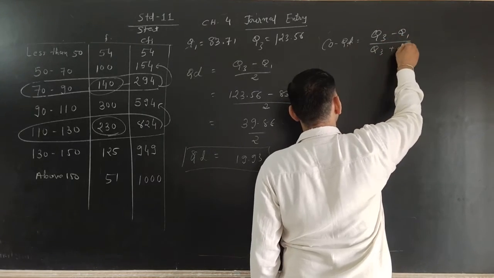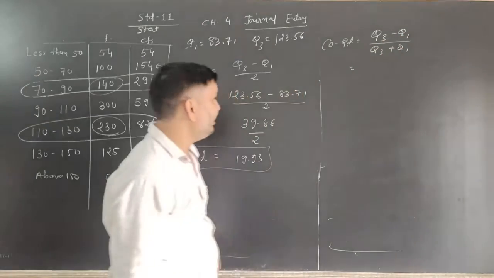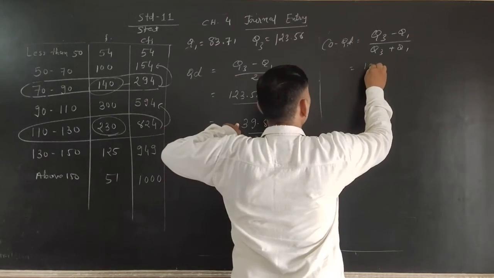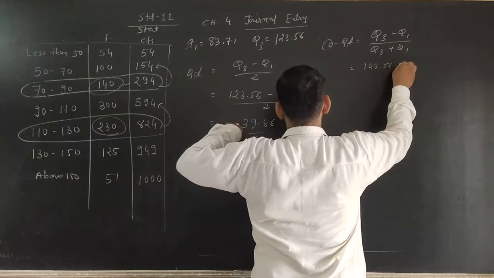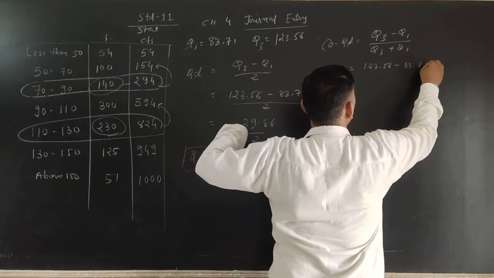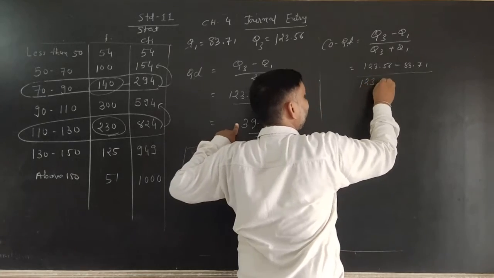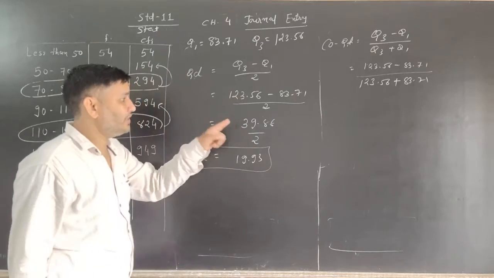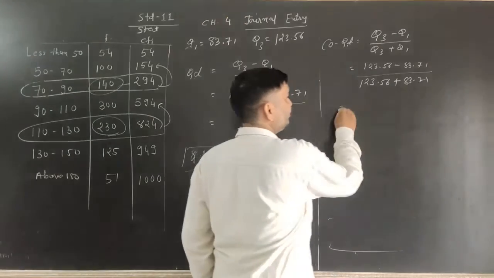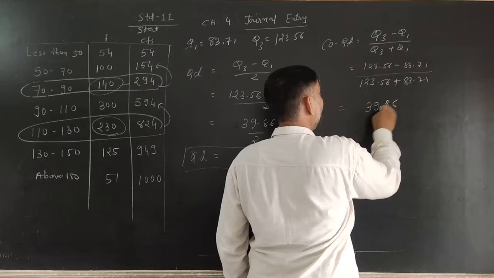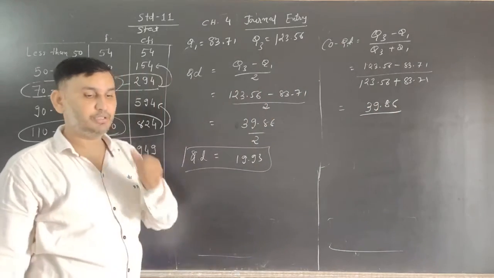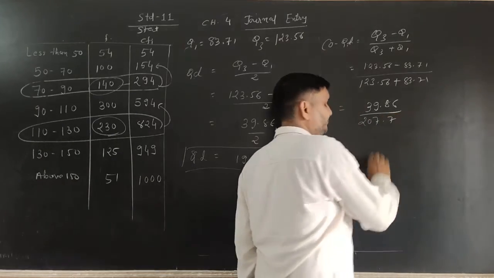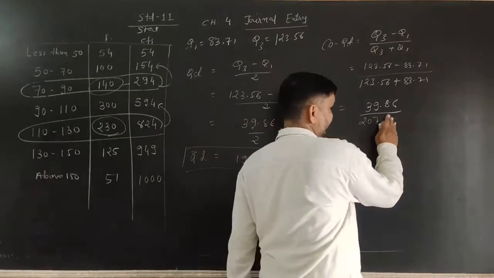The coefficient of quartile deviation is Q3 minus Q1 divided by Q3 plus Q1. So 123.56 minus 83.71, the difference, is 39.86, divided by 123.56 plus 83.71, which is 207.27.